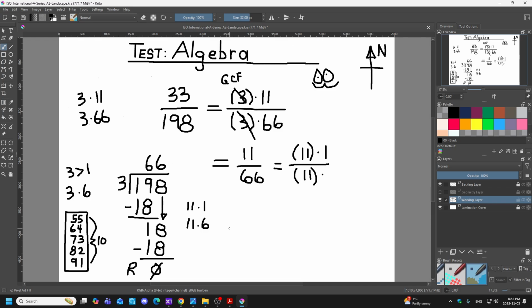If you're uncertain and you want to make sure, just do a simple multiplication. 6 times 1 is 6. Our answer here is going to be 6. Now our 11s cancel nicely, and we're left with 1 over 6.